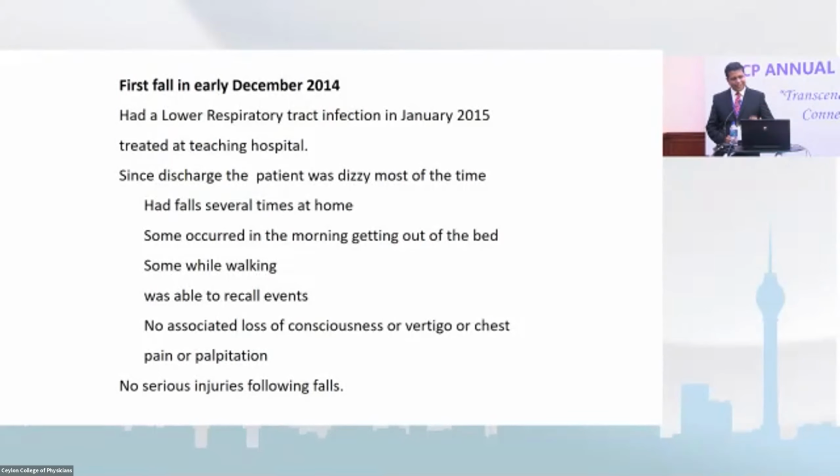In the detailed history, she had recurrent falls. She had falls before the acute illness. After the acute illness, she had multiple falls which were precipitated by dizziness, with no other precipitating factors, and she didn't have any syncope.